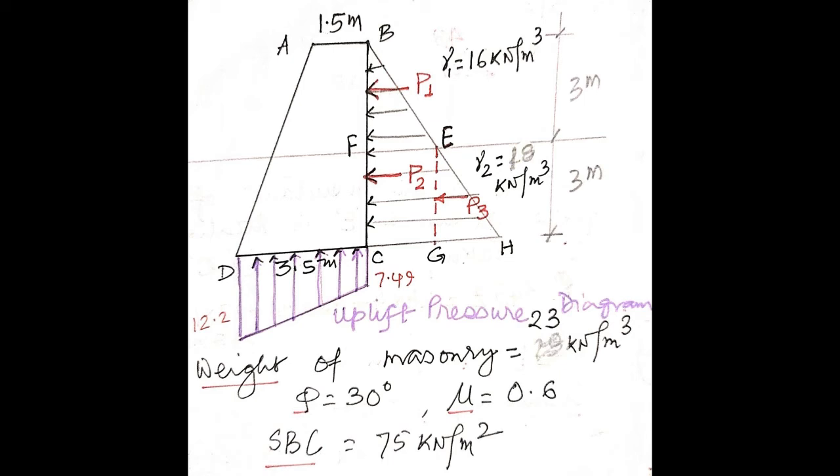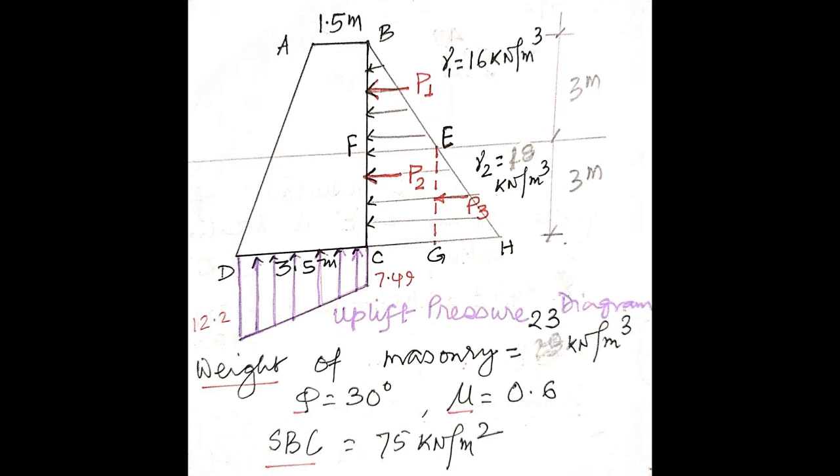See the naming: the top triangle I have named BFE, and that pressure is P1. The bottom trapezium is EFCH, which has 2 parts, one rectangle EFCG plus one triangle EGH. For the rectangular part the pressure is P2, and for the triangular part EGH it is P3.